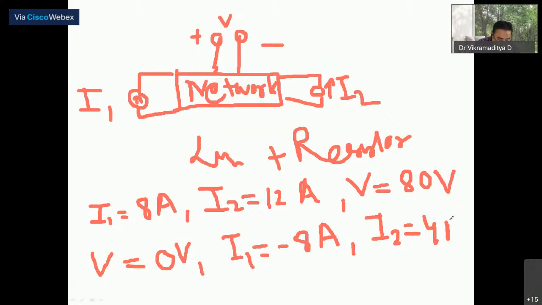Now you have been asked what will be the value of V. This is the question that has been asked, and this is the data that has been provided to you.